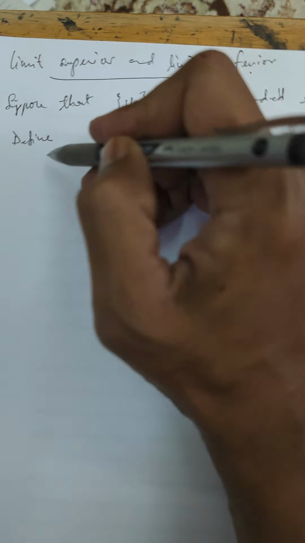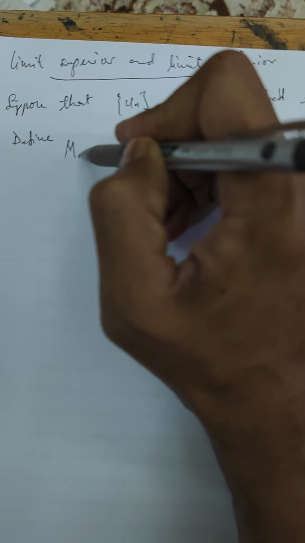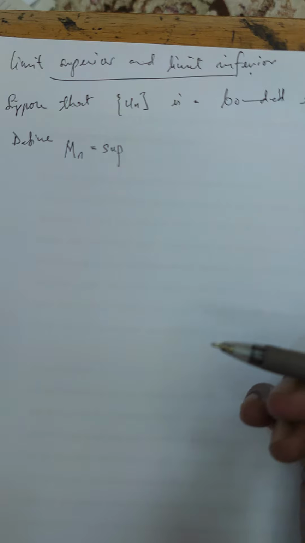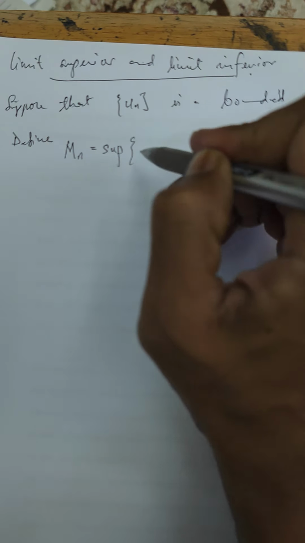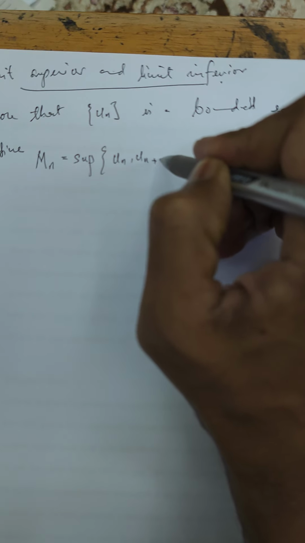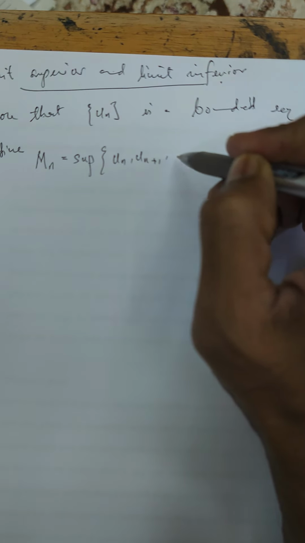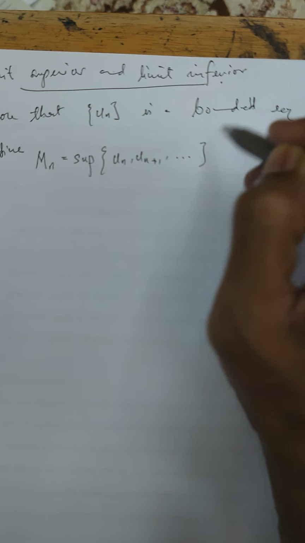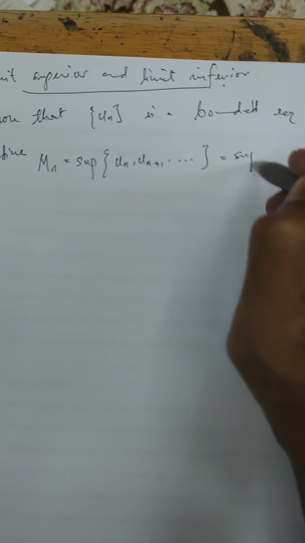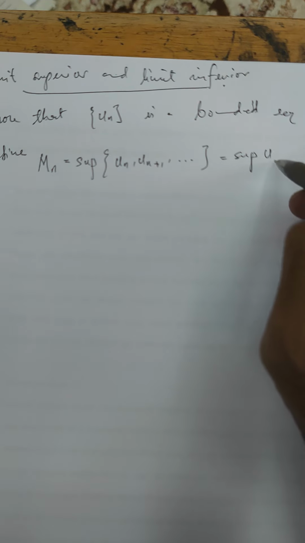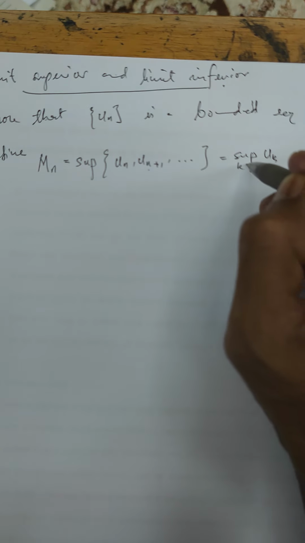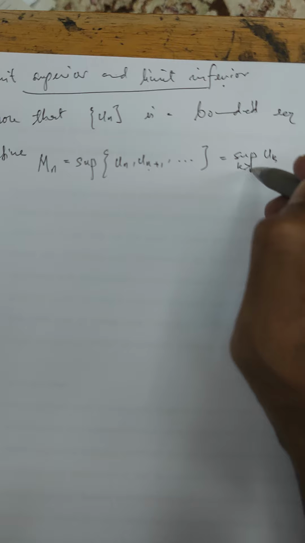Just follow this. We define Mn as the supremum of Un, Un+1, Un+2, and so on. This can be written as the supremum of Uk for k greater than or equal to some number n.